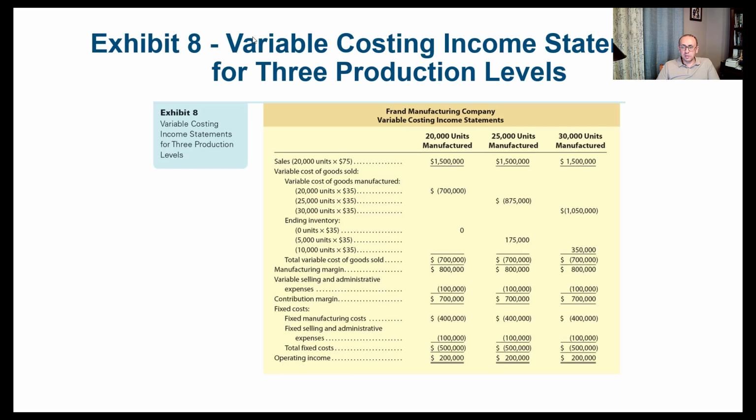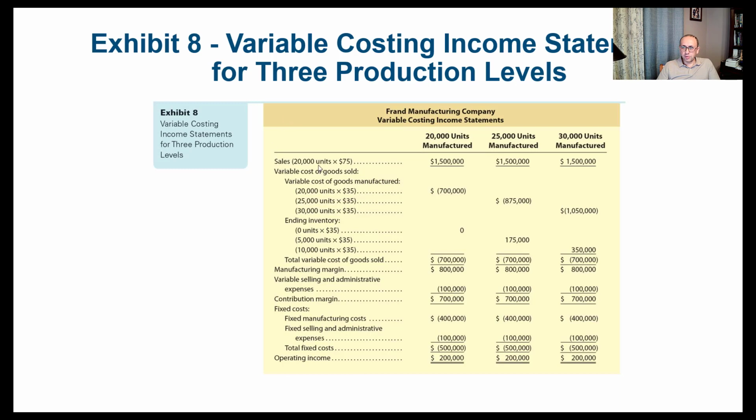In absorption costing, the more you produce, the higher your operating income, even when you don't sell all the products that you produce. That can be tricky because managers might be tempted to produce more and more just for the sake of absorbing part of the fixed cost into inventory for future periods.